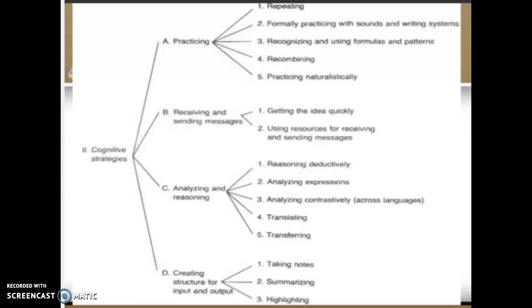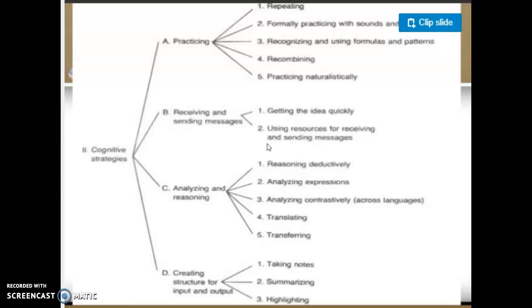And then cognitive strategies, which can be divided into four: practicing, receiving and sending messages, analyzing and reasoning, and creating structure for input and output. You can see in these features. Practicing refers to repeating, formally practicing with sounds, recognizing and using formulas, recombining, and practicing naturalistically. Receiving and sending messages is by getting the idea quickly and using resources.